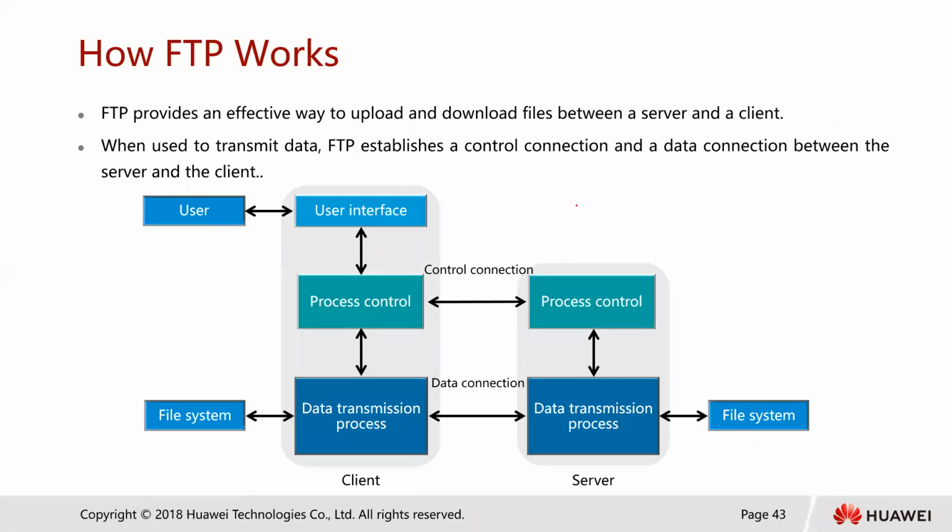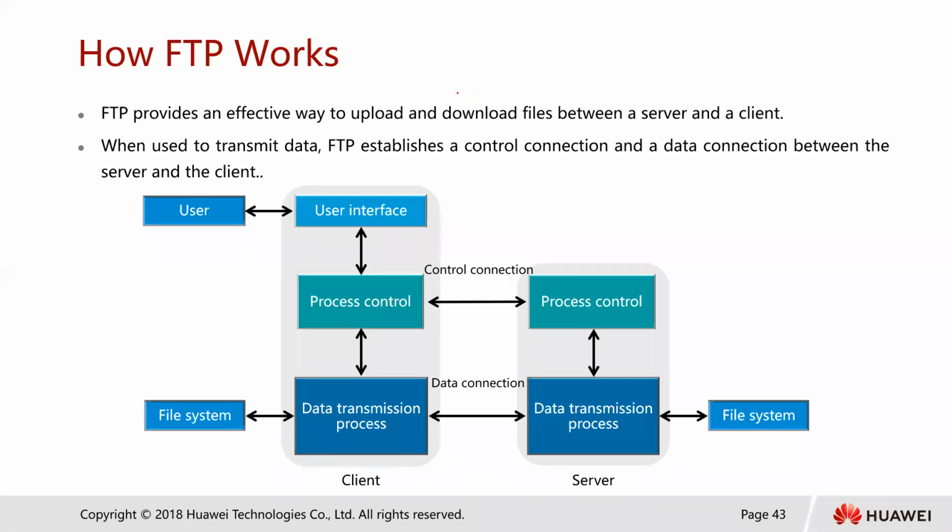How does FTP work? FTP provides an effective way to upload and download files between a server and a client. When FTP is used to transfer files, two TCP connections are used. The first is the control connection between the FTP client and the server, enabled on port 21.